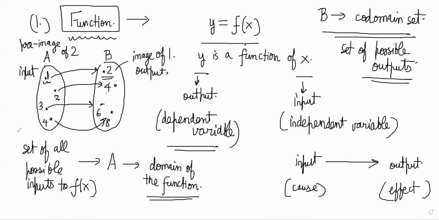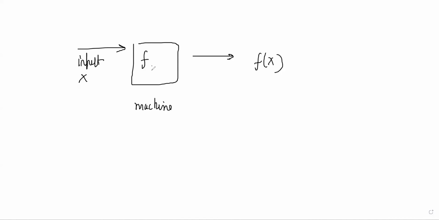So what you need to think of is the function as a machine. Think of the function as a machine. It takes some input, which is the x, and it gives some output, which is f of x. This function is the f function, right? This is the output, correct? So the set of inputs is your A set, and it's called the domain.